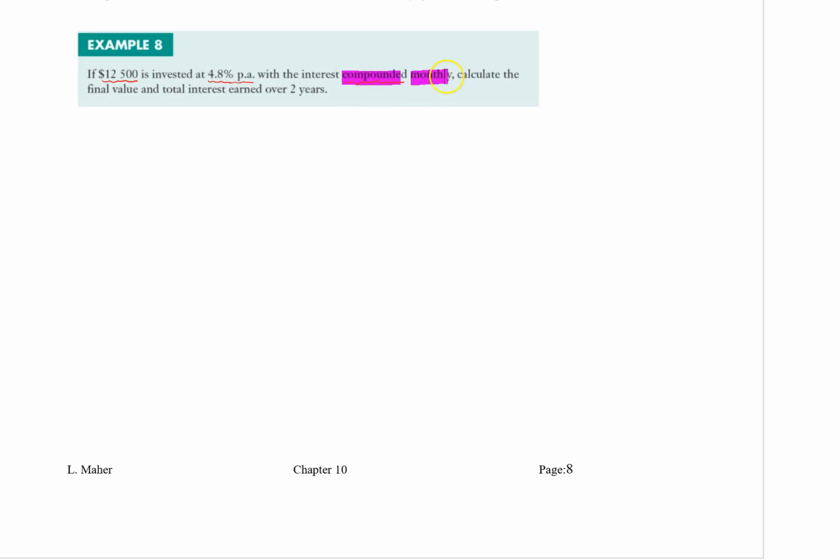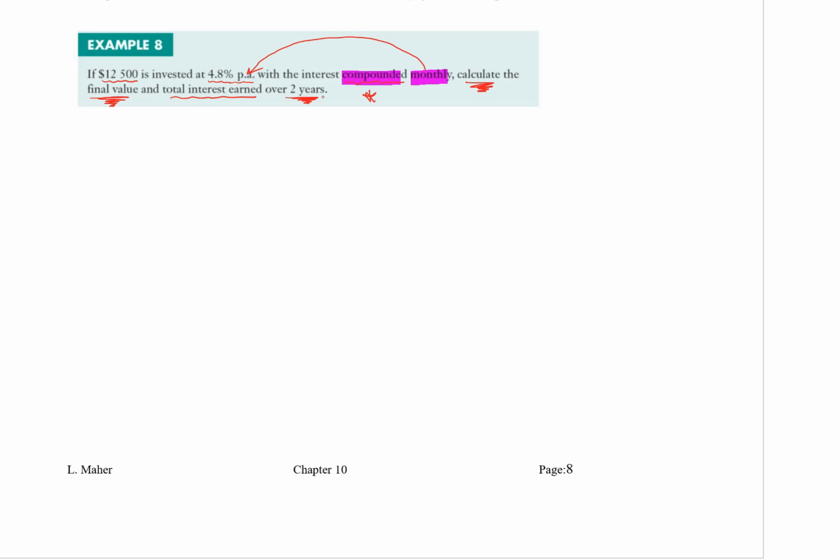And monthly, we've got lots of conflicting things here. Monthly, per annum, that's going to be an issue. Compounded, critical piece of information. Calculate the final value, and total interest earned over 2 years.